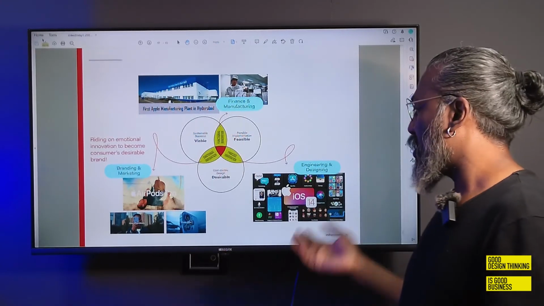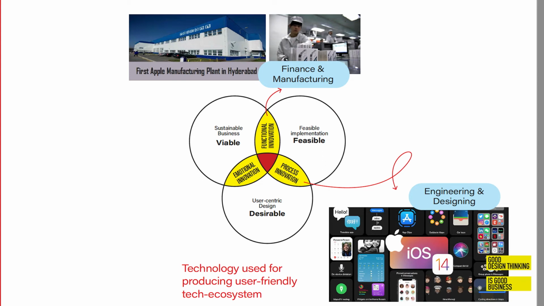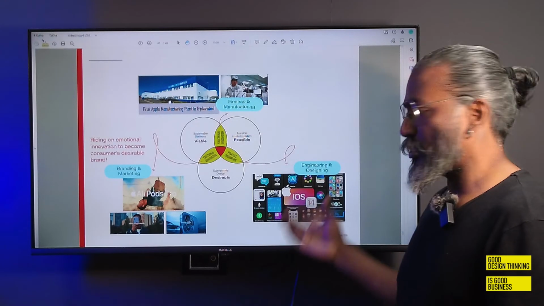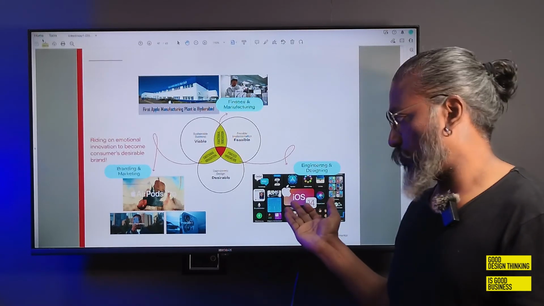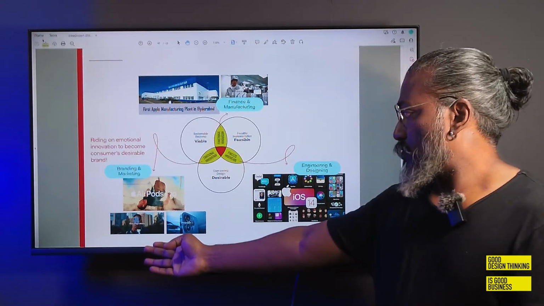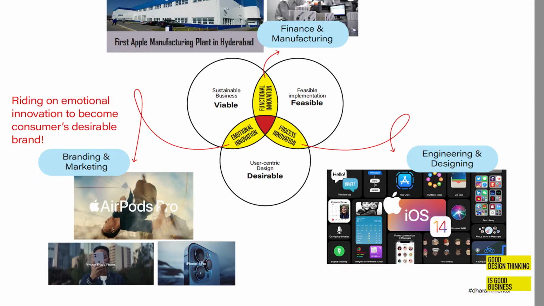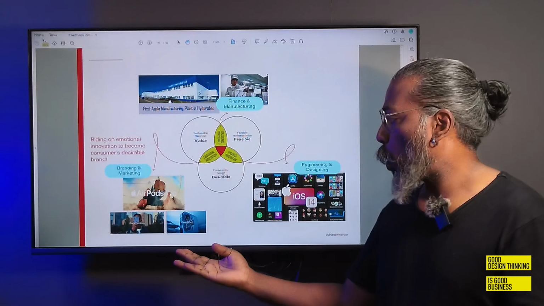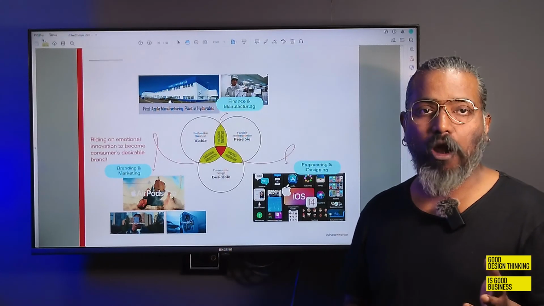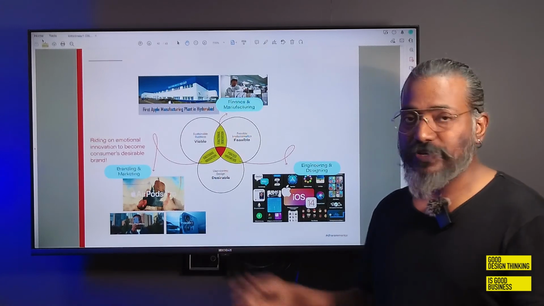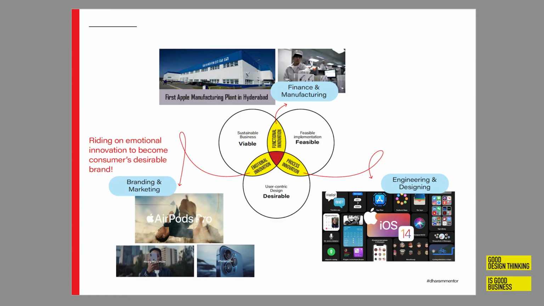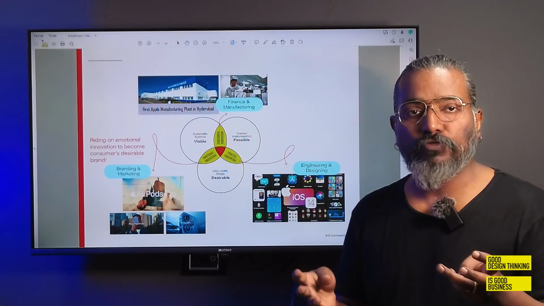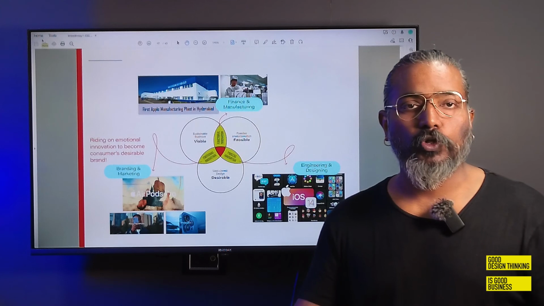So they have their own operating system and iTunes and all of that, giving back-end support, which is a process support. This is process innovation. And emotional innovation is all their advertisements, all their touch points, all their products, and how they communicate about their products. So you can see very clearly that they're very strong in all three innovations. Henceforth, they are a successful company.